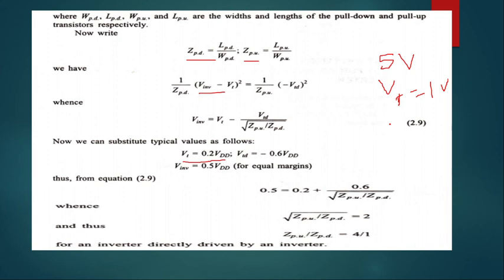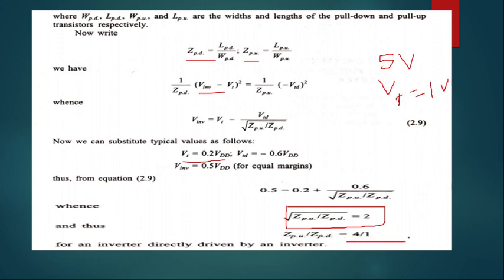And for equal margins, the ideal value of V inverter is taken as 0.5 VDD. When these values for V inverter, VT and VTD are substituted, then root of ZPU upon ZPD will come equal to 2. And when the square root sign is removed, the ratio will become equal to 4:1.